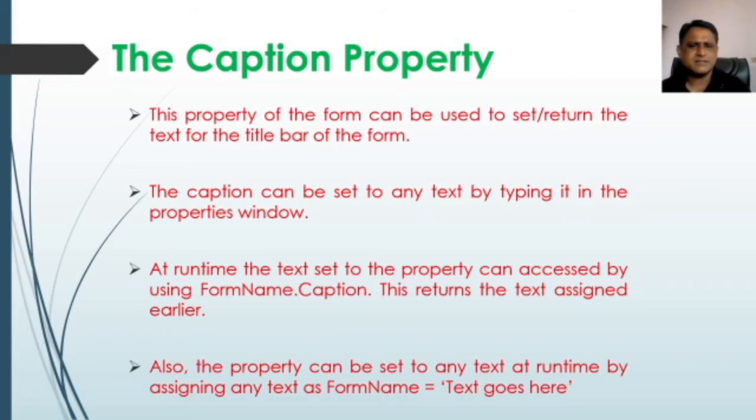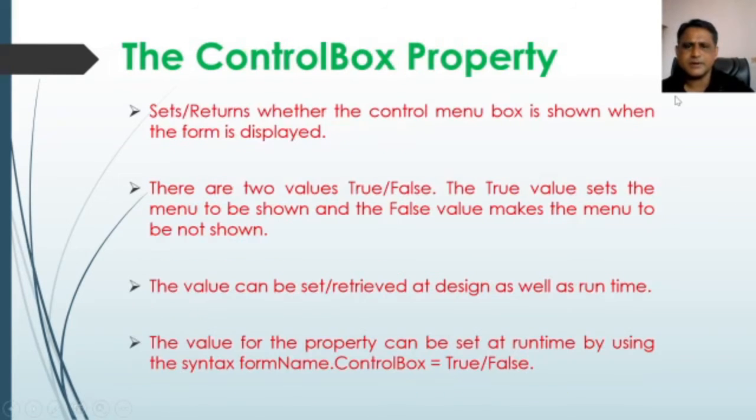The caption can be set to any text by typing it in the properties window, and also at runtime any text can be set for this property, and the already set property can be accessed by using the syntax form name dot caption equals any text value. So this is how I can manipulate the caption property.